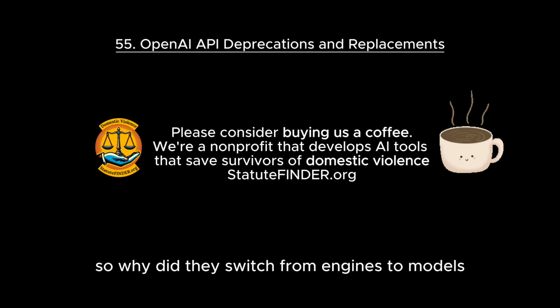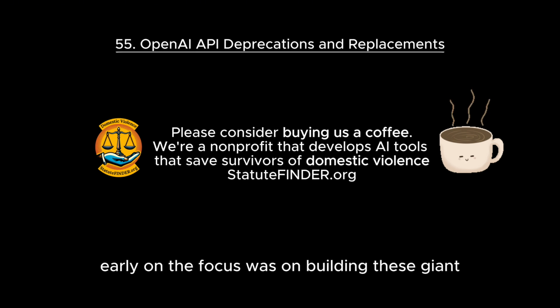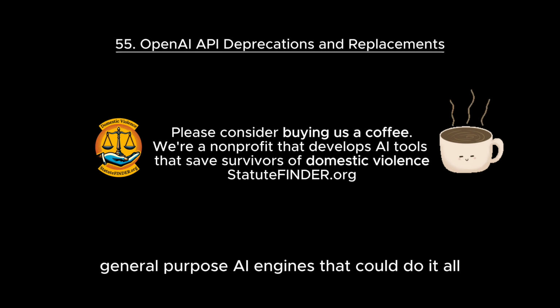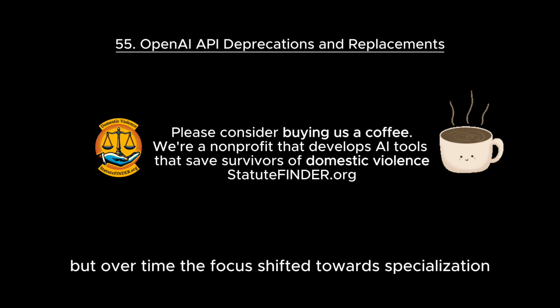So why did they switch from engines to models? This shift actually reflects a broader trend in AI. Early on, the focus was on building these giant general-purpose AI engines that could do it all. One-size-fits-all AI? Exactly. But over time, the focus shifted towards specialization.